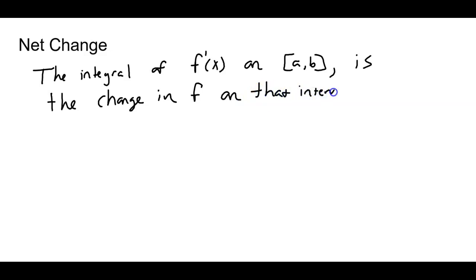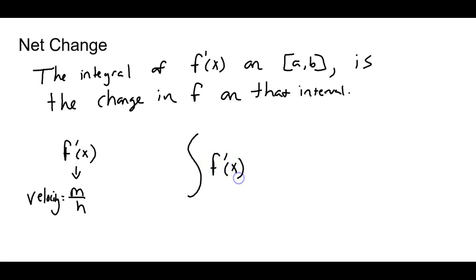So let me explain that with an example. Let's say that f prime of x is some kind of a rate, like the speed of a vehicle, in miles per hour. I'll say velocity to be more specific. So let's say that f prime is going to be modeled by something like that. Well, if I were to integrate f prime on the interval from a to b, what that's going to tell me is the total change in f.